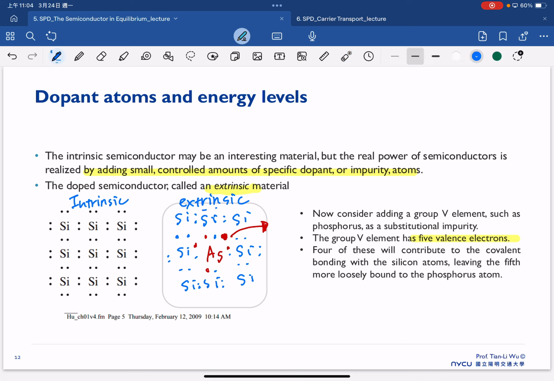Because of this additional electron, we can consider the electron concentration to be higher than the intrinsic concentration, and in this case we consider this an N-type.